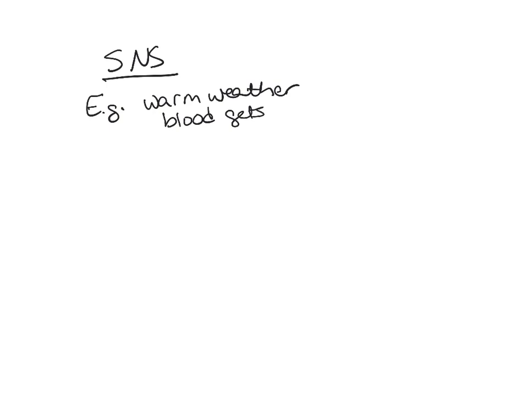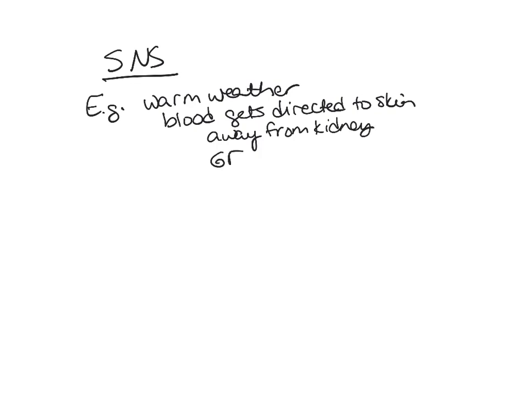For example, and I'm talking about things other than a crisis, in warm weather, the superficial blood vessels dilate, so blood gets directed to the skin and away from the kidney. So for a short, temporary period of time, the glomerular filtration rate will decrease.